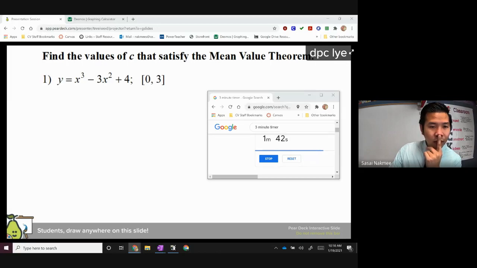A couple people are getting the same answers for the slope of the secant line, and a couple people are getting some different answers on the slope of the secant line. Good, I see you guys working it out.